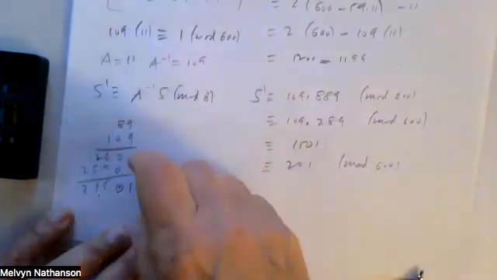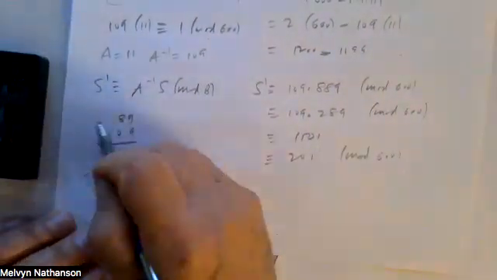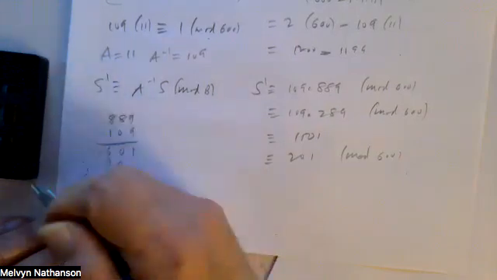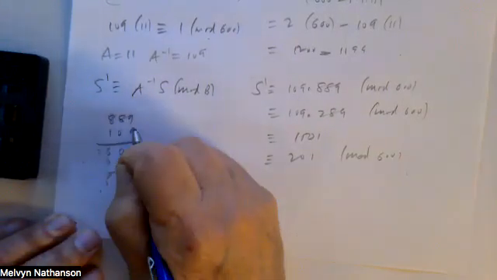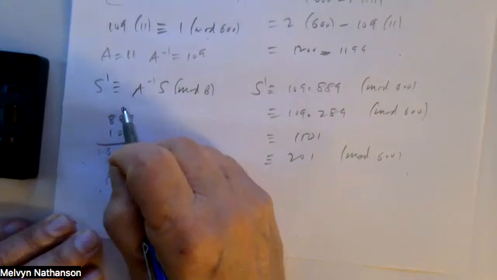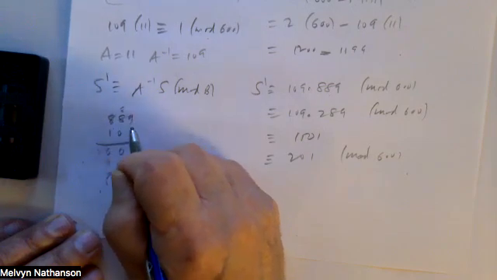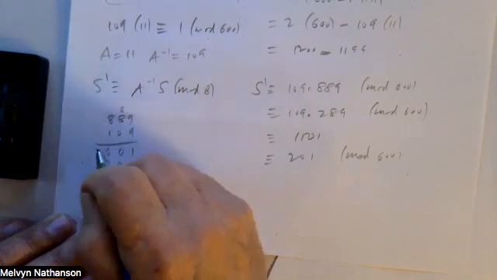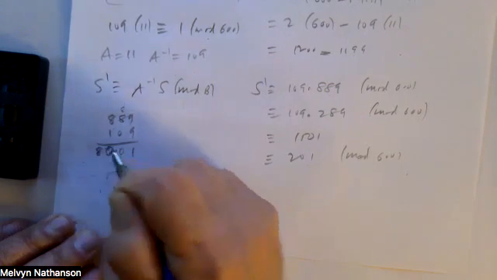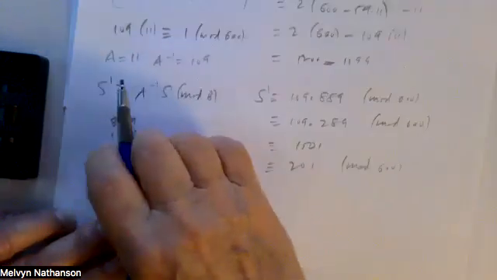It's just my sloppiness. Let me do the arithmetic correctly. So 889 times 109. 9 nines are 81. 9 eights are 72, plus 8 is 80. 9 eights are 72, plus 8 is 800. So this is 8,001.